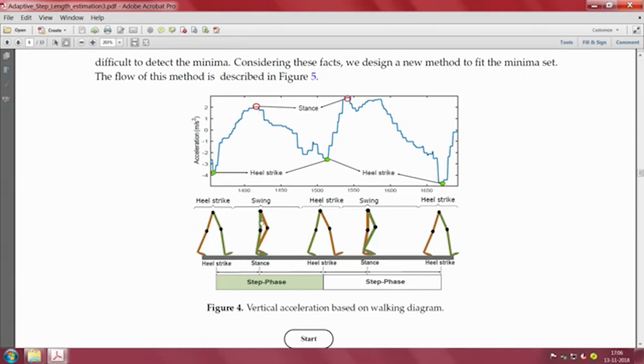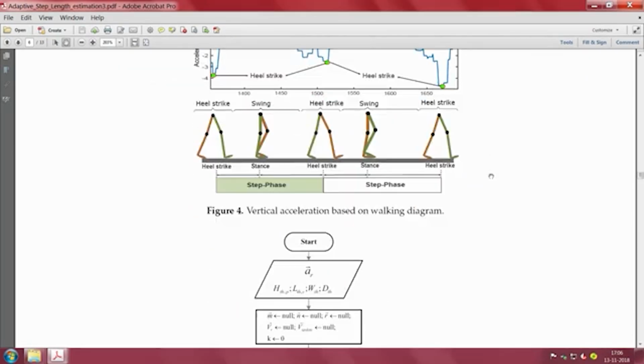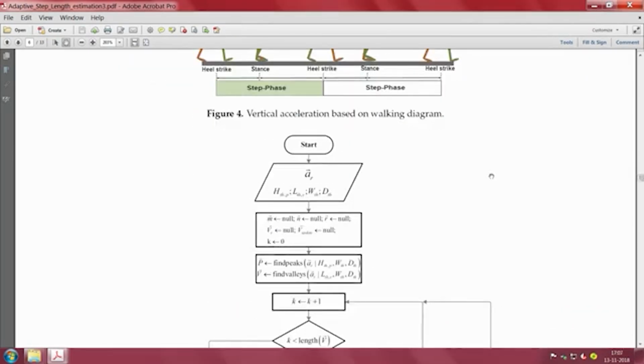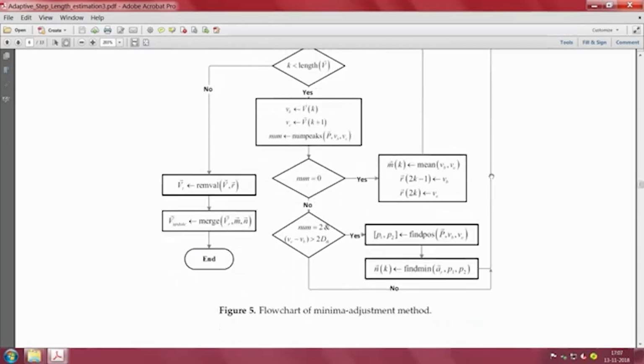Because your leg, which is like a lever, becomes straight and then moves the hip up. The moment that happens, you get a stance. So these peaks are essentially stance, and the heel strikes are the minimum points. So essentially it is just that part which is used, and then you have a nice algorithm, vertical acceleration based, on walking distance and all.